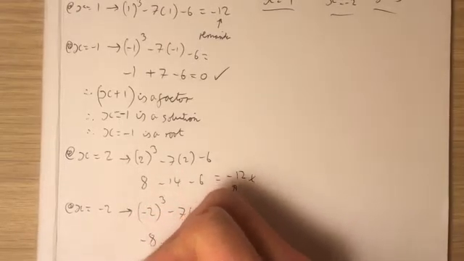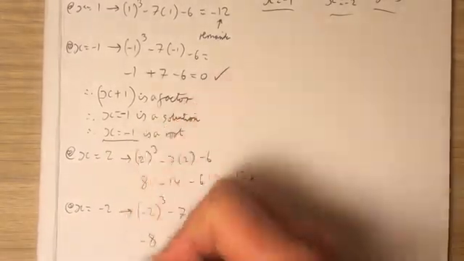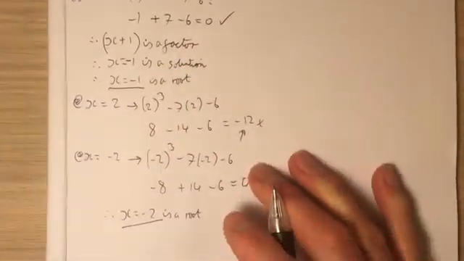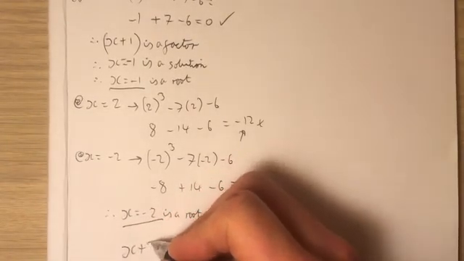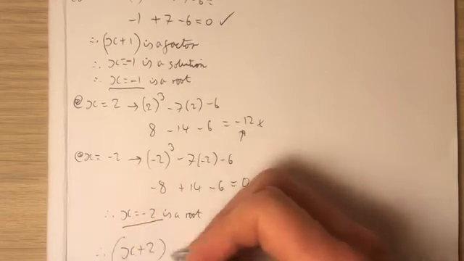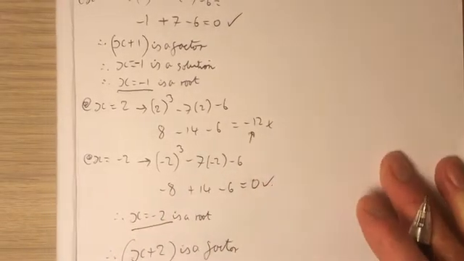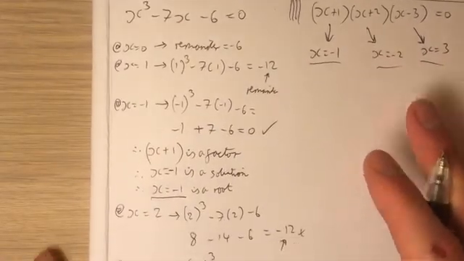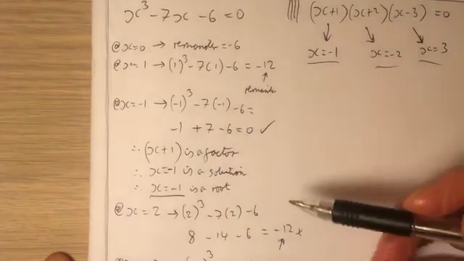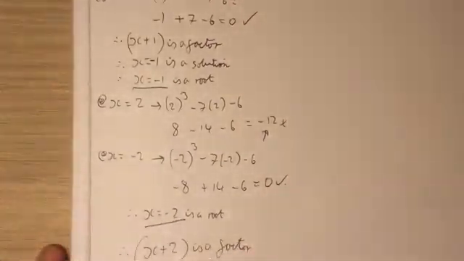I know x equals negative 2 is a root. So I've got one answer, two answers. And that also means that x plus 2 is a factor. So basically, this equation that I started with is built up from x plus 1 and x plus 2 as two of its factors.